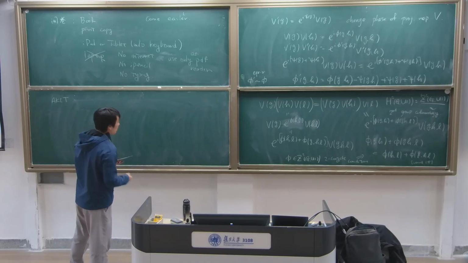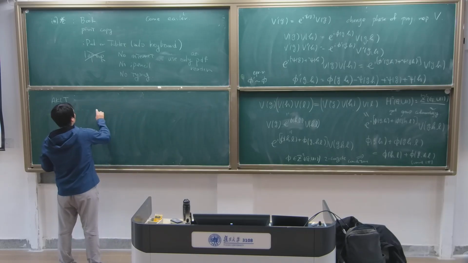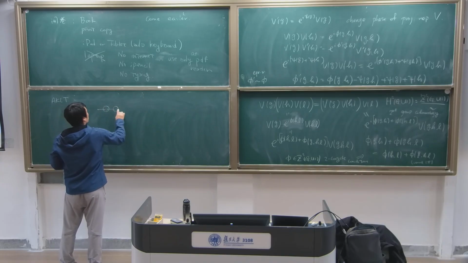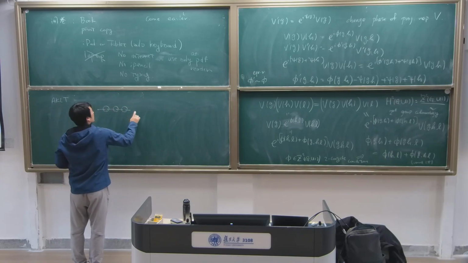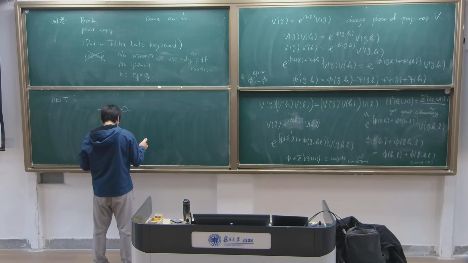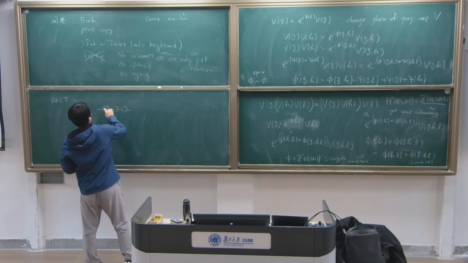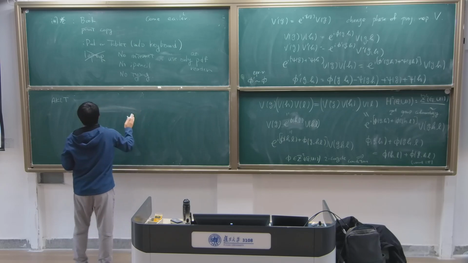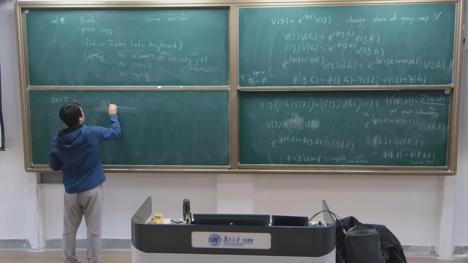I think it's better to draw the valence bond state this way. So you assign N here and N here. That's what I'm doing here.